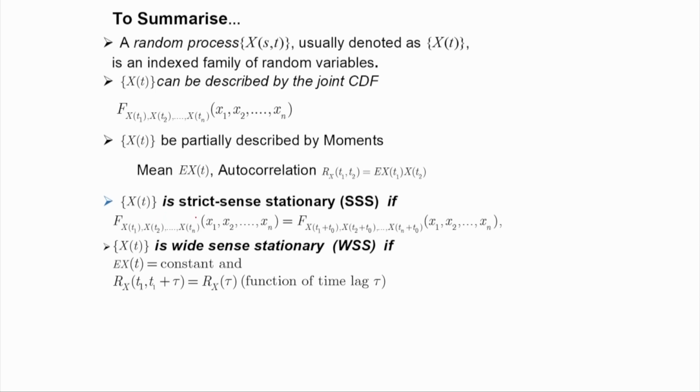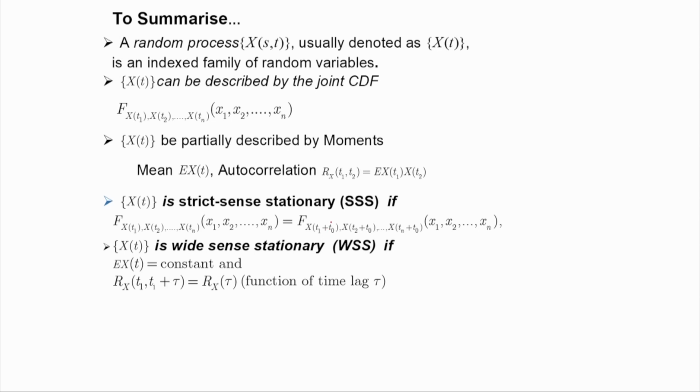The process xt is strict sense stationary if the joint CDF for any n is invariant with respect to change in the time axis. What does it mean? Suppose I have the joint CDF at points t1, t2, tn, then if I consider any shifted version of time, t1 plus t0, t2 plus t0 up to tn plus t0, then also the joint CDF will remain the same.